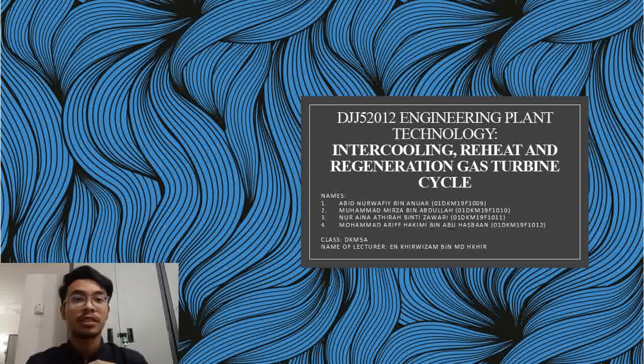The first is Muhammad Mirza bin Abdullah 01DKM19F1010. Next, Nur Aina Atira binti Zawari 01DKM19F1011. And lastly, Muhammad Arif Hakimi bin Abu Hasban 01DKM19F1012. Overall of our members from DKM 5A.